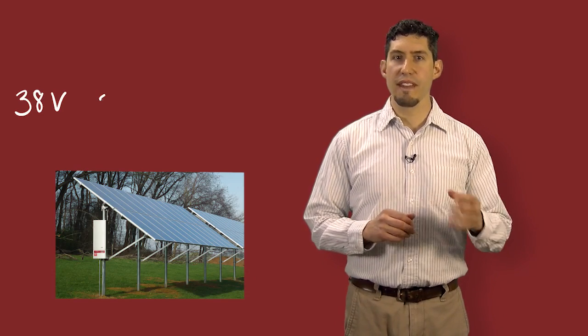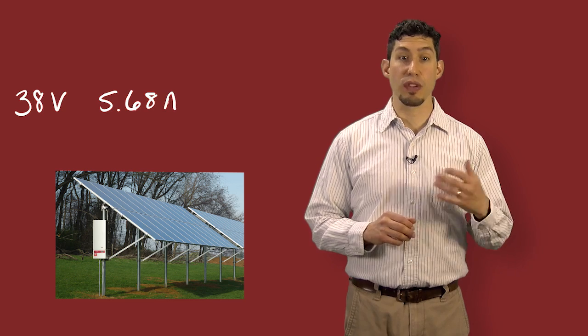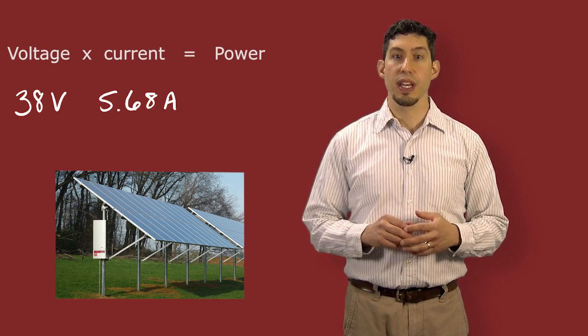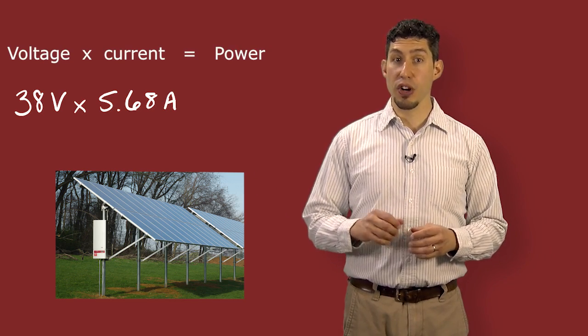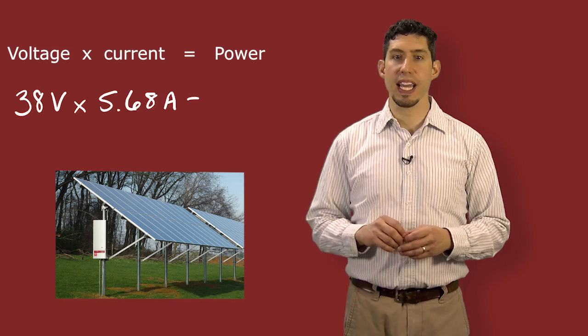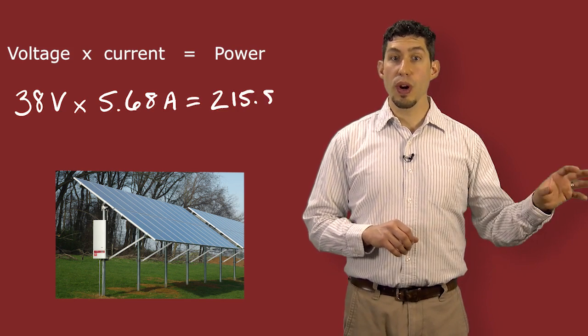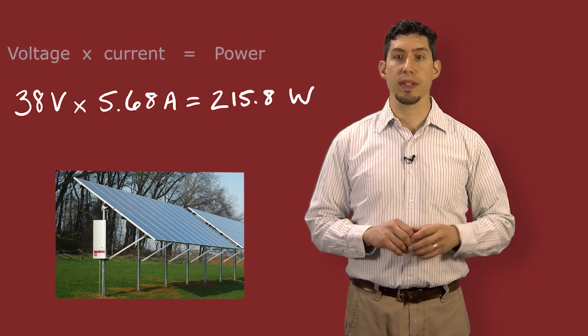So how do we put this all together? Well, let's look at a few examples. First, let's look at a photovoltaic module that produces 38 volts and 5.68 amps under full sunlight conditions. If we multiply the voltage of 38 volts times the current produced, 5.68 amps, we get 215.8 watts.